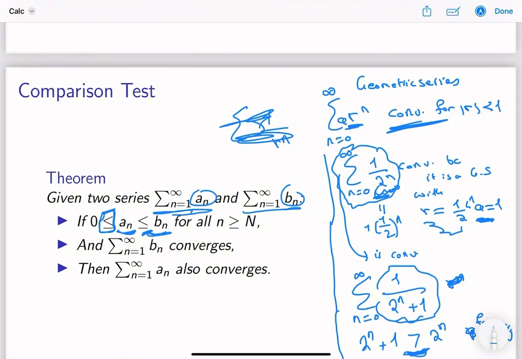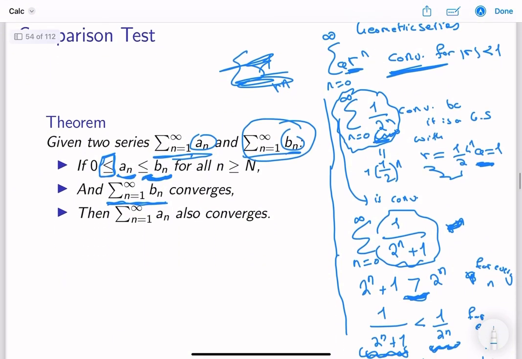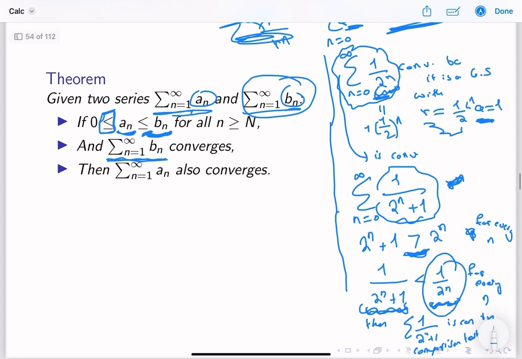It's very important that they are both non-negative, okay? If that's the case, and if it's also the case that the sum of the b_n's, the one that is bigger, is convergent, just as in this case, then the sum of a_n is convergent, right? Then you know for sure that this series is convergent. And this is very helpful.